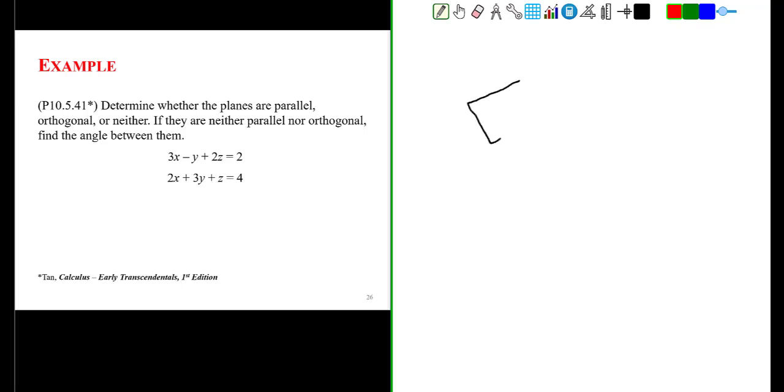Let's sketch a representative sketch to illustrate the angle between the two planes. And actually, let me start the sketch over. I want to exaggerate the angle. So let's say we have a plane that looks like this, and let's say we have a plane that looks like this.